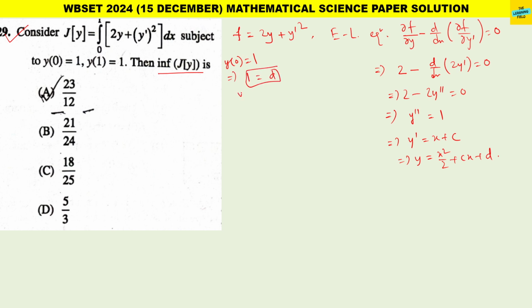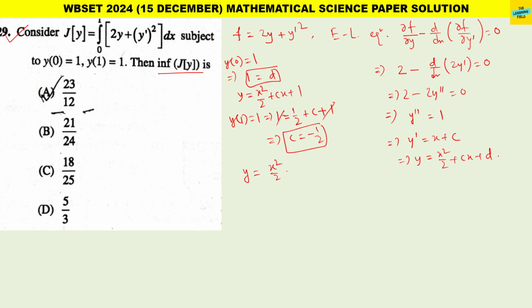Therefore y equals x squared by 2 plus cx plus 1. Now y(1) equal to 1 gives 1 equal to 1/2 plus c plus 1. So 1 cancels from both sides. c equals minus half. Fine. So y equals, actually, what?